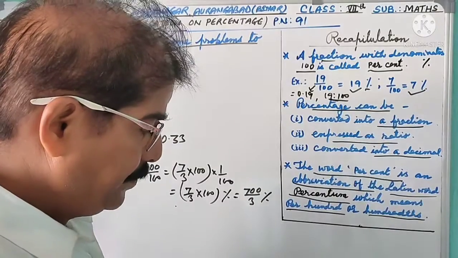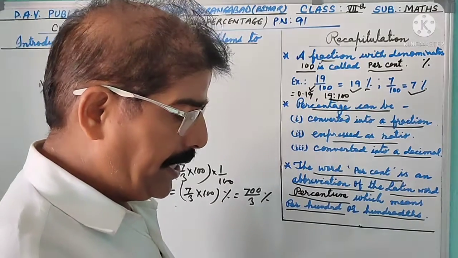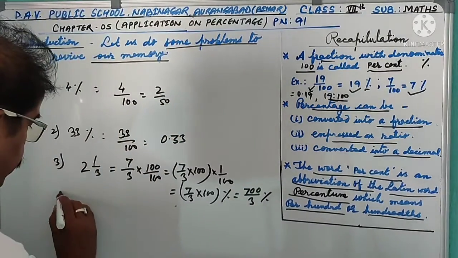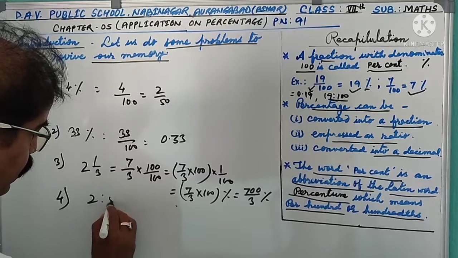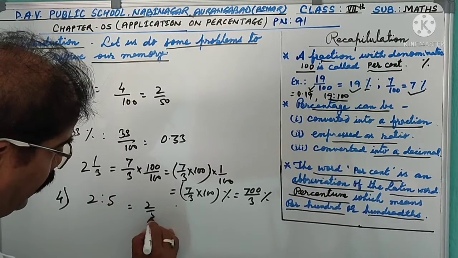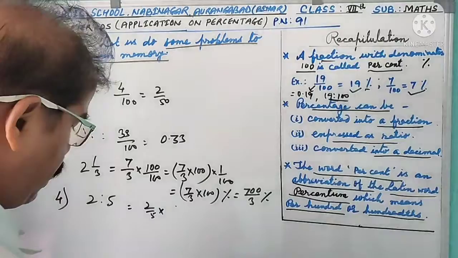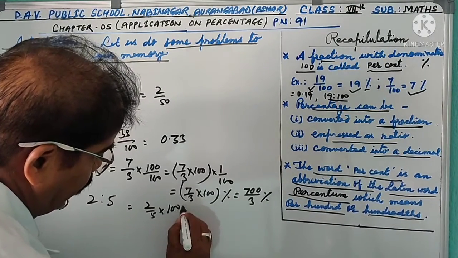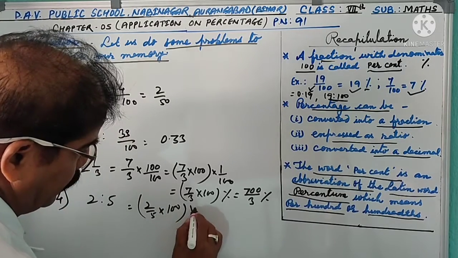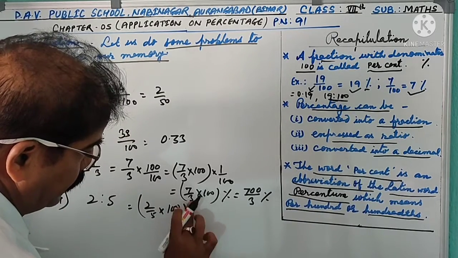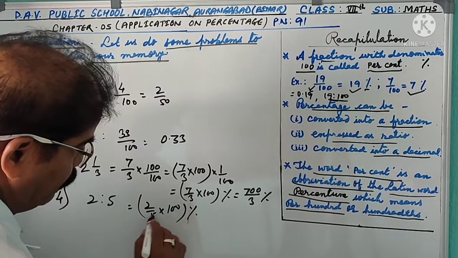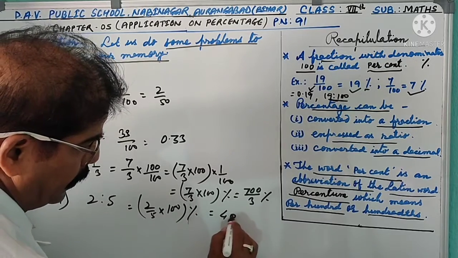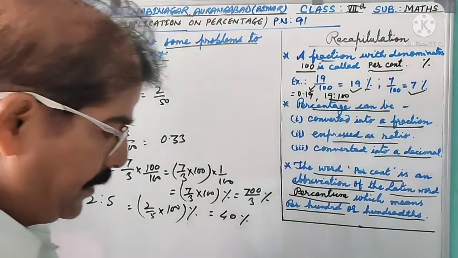And another, convert the given ratio into percentage. 2 is to 5. They said 2 by 5, convert ratio into percentage, into 100. That percent equal to 40%.